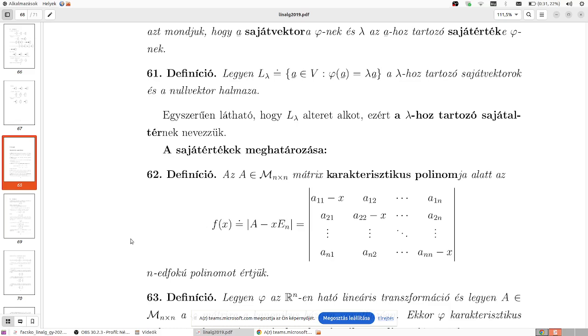When is this equation 0? The trivial solution is when the x vector is a null vector, a 0 vector. But we are not interested in the trivial solutions. So we have to continue this.